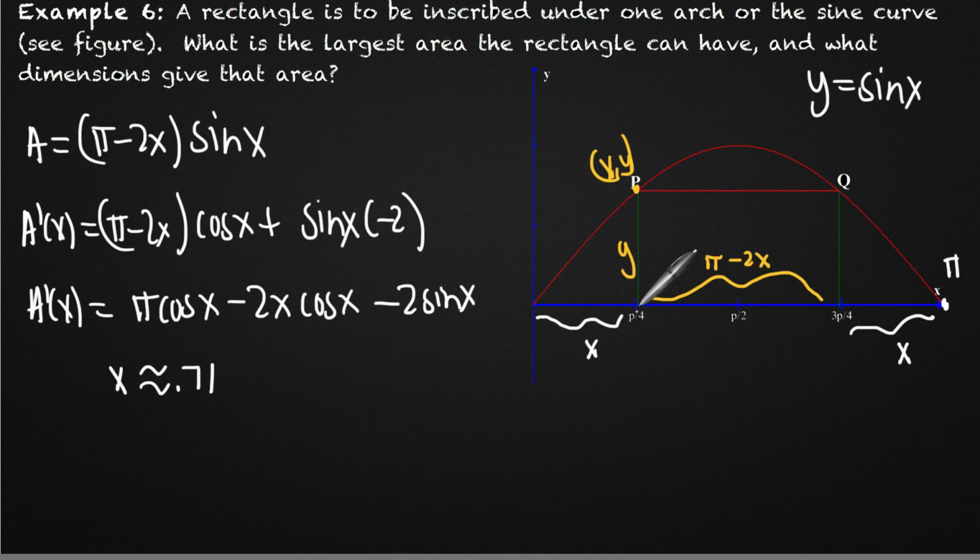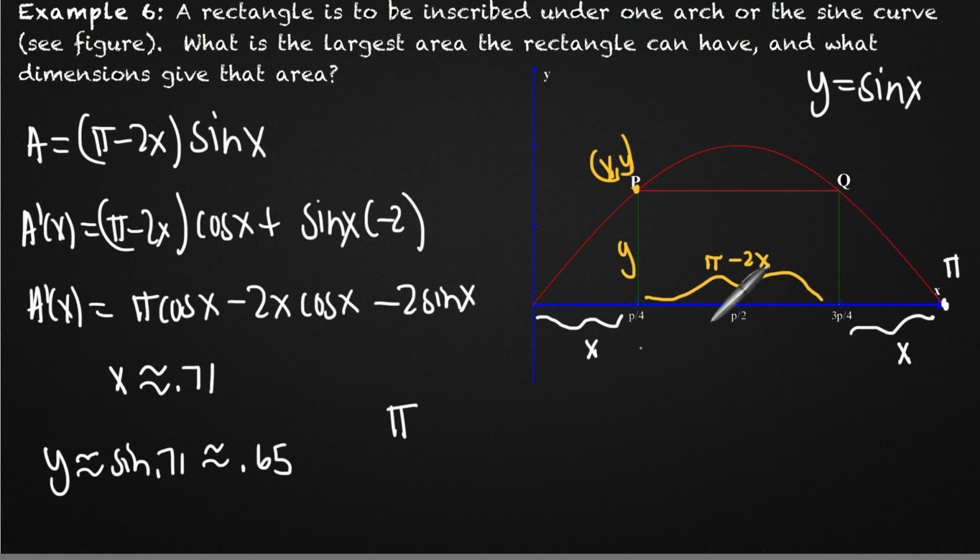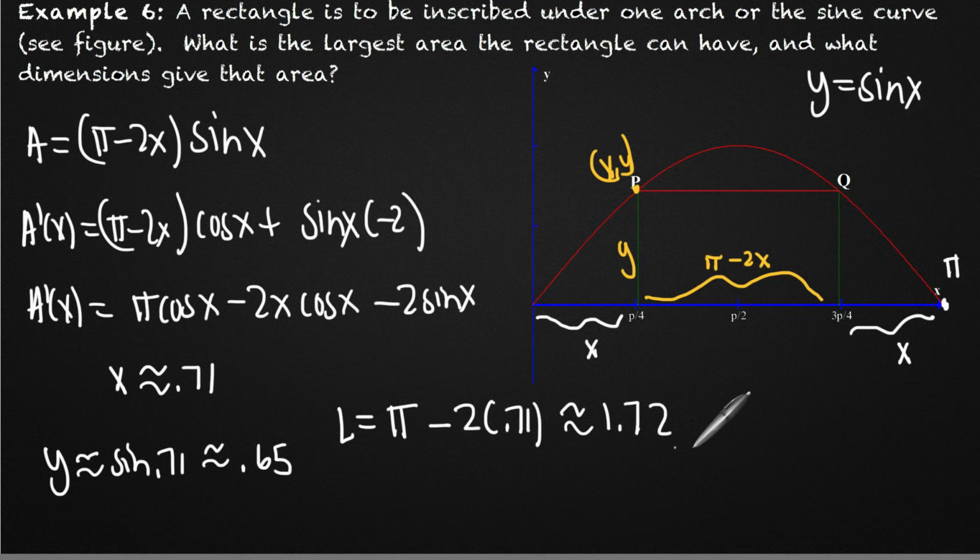That's the distance away. Now, sine of x is the y, and that's going to be sine of 0.71, which is approximately 0.65. All right, so we know that our y is 0.65, but to get our length, we have to do pi minus 2 times 0.71, which I believe is about 1.72.